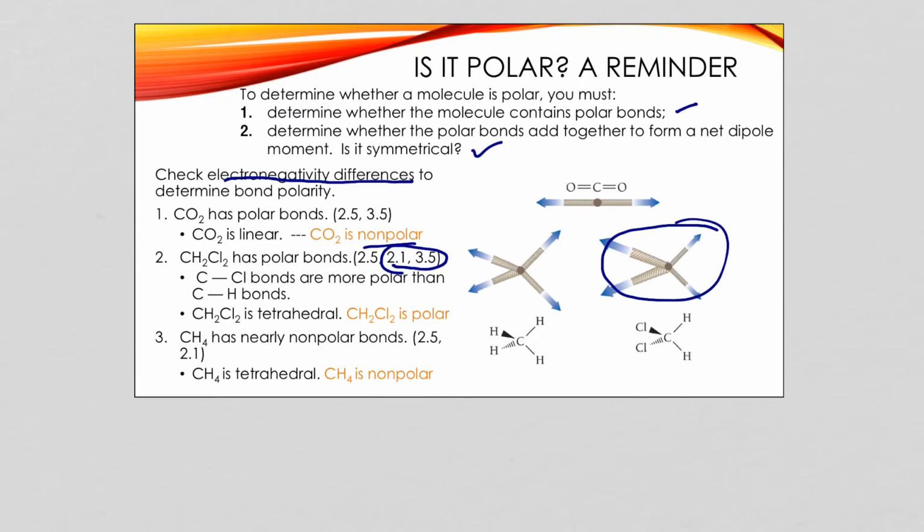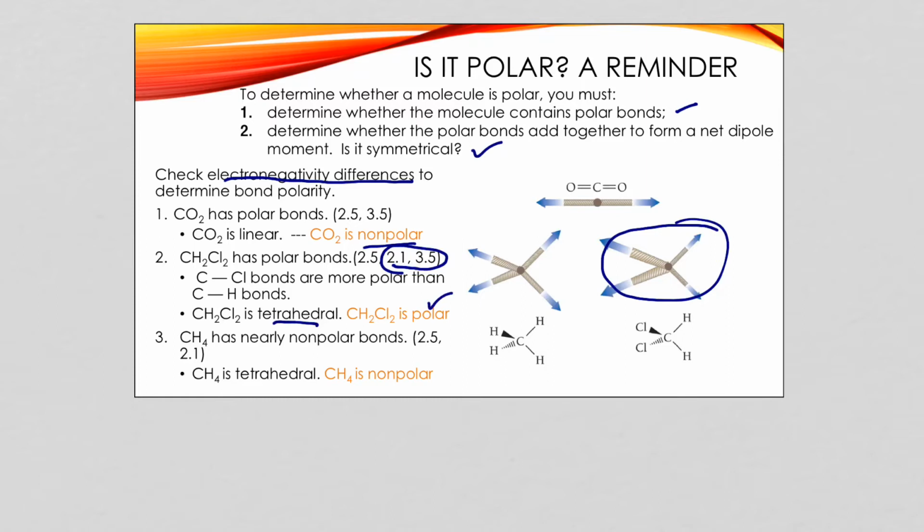I use this example specifically because this is a tetrahedral, and tetrahedrals would normally be symmetrical. But remember, if not all of the atoms around the tetrahedral, or the trigonal planar, or whatever it might be, are the same, then the dipoles won't be symmetric, and so you actually get a non-symmetric molecule. Because it's non-symmetric and has polar bonds, the molecule is polar.